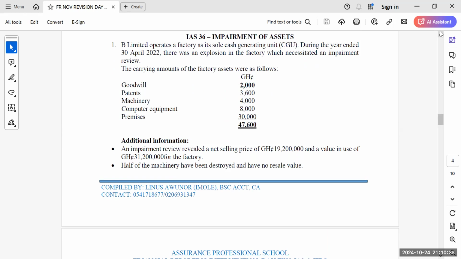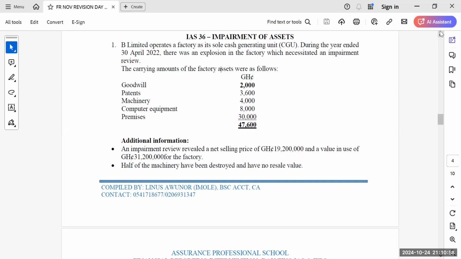So at the date of the impairment, what date are they carrying out the impairment test? 30th April, isn't it? Yes, sir. At that day we have to determine the carrying value of the assets and then the recoverable amount. And over here, the recoverable amount will be what? 31,200. That will be the value in use, isn't it?